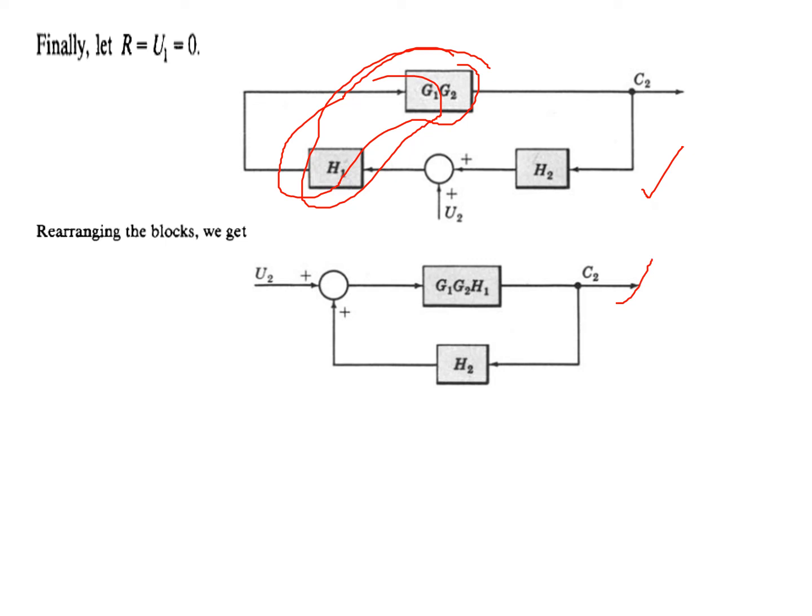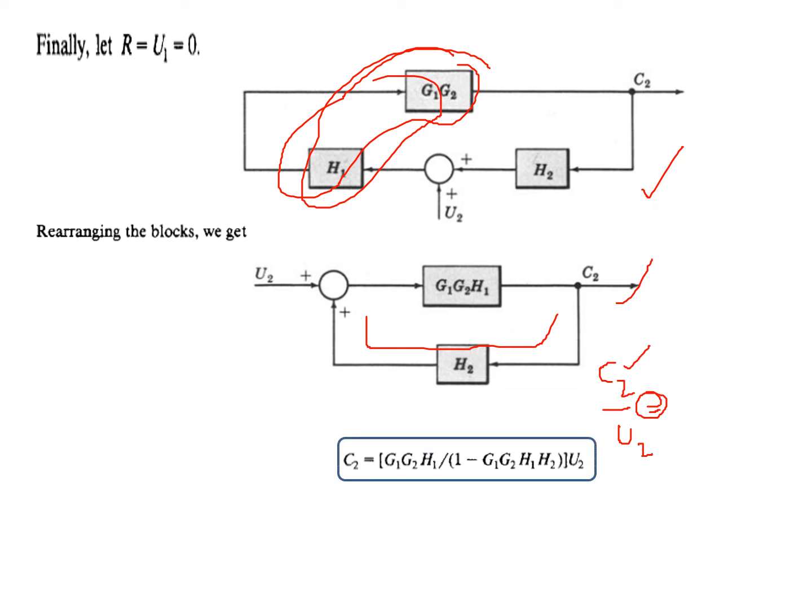Again, this is simply a positive feedback loop. By using this block diagram, find the transfer function C2 by U2, and then find the output C2. Consider this as equation number 3.